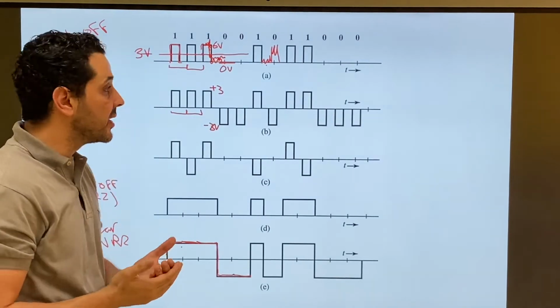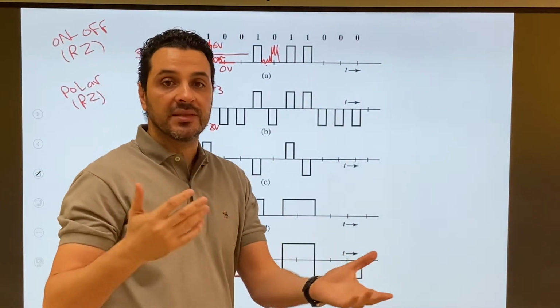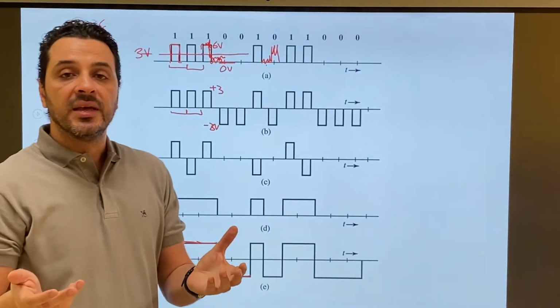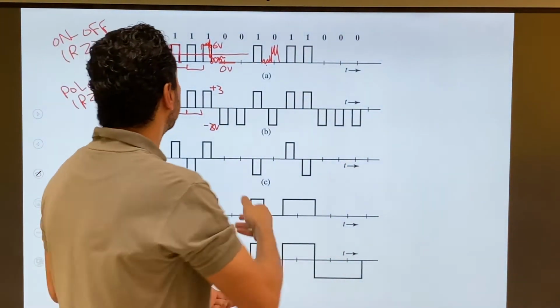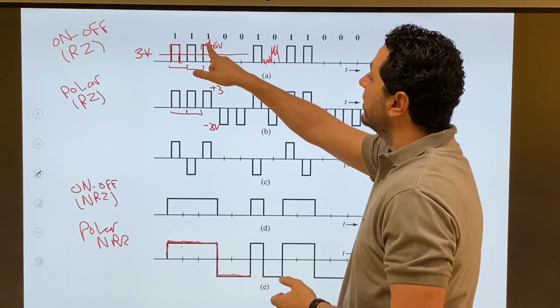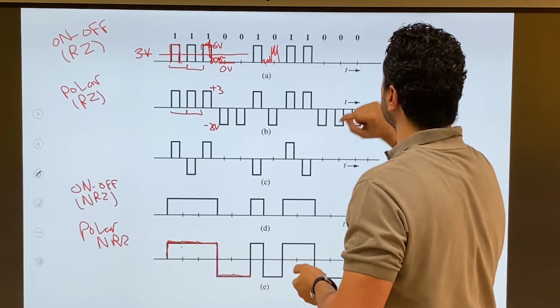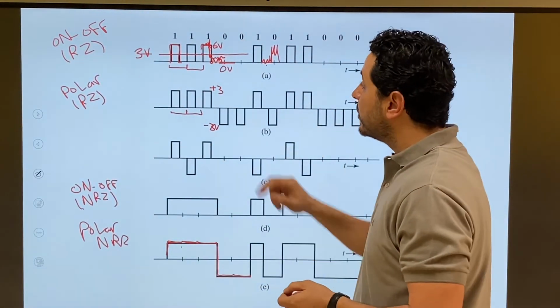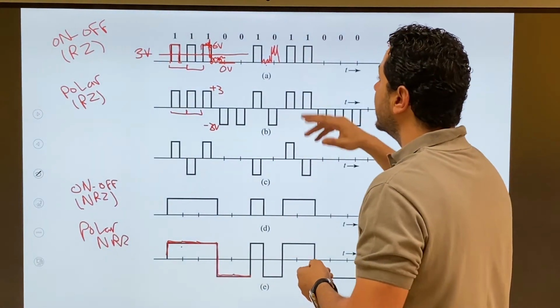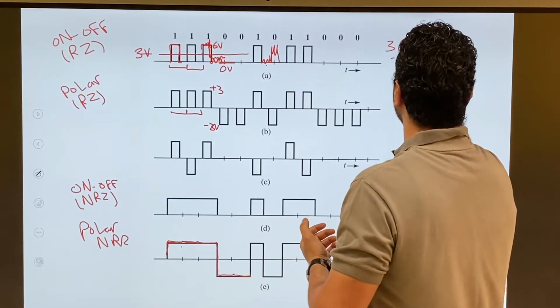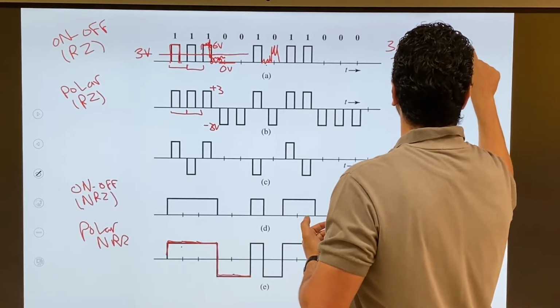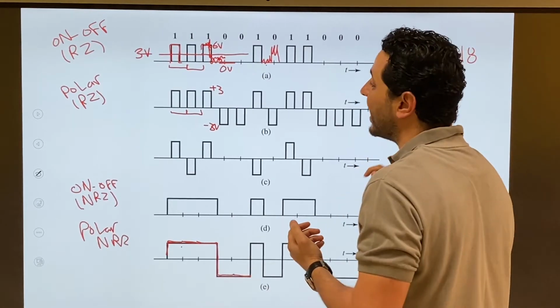If you assume that binary 1s and binary 0s have the same probability, 50%, then the average power here would be: if you transmit binary 1, you square the 6, it will be 36. And if you transmit binary 0, it will be 0. Then you divide over 2, then the power will be 18, on average.